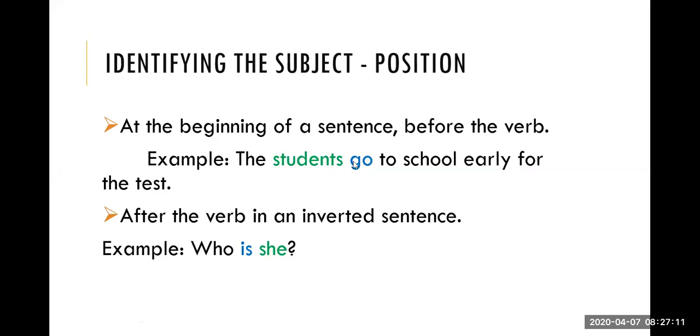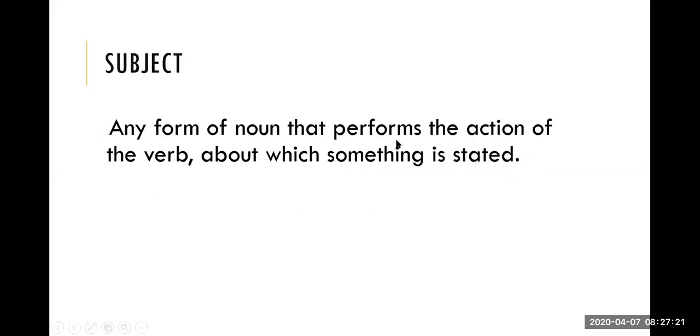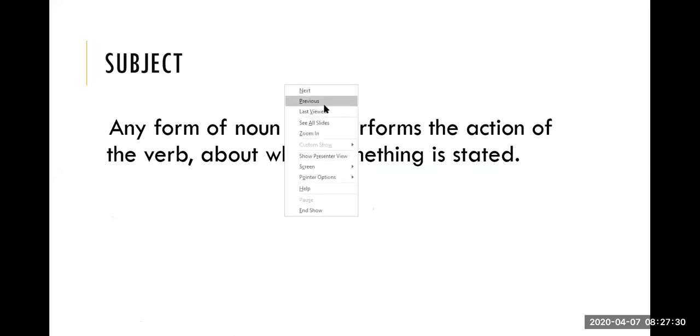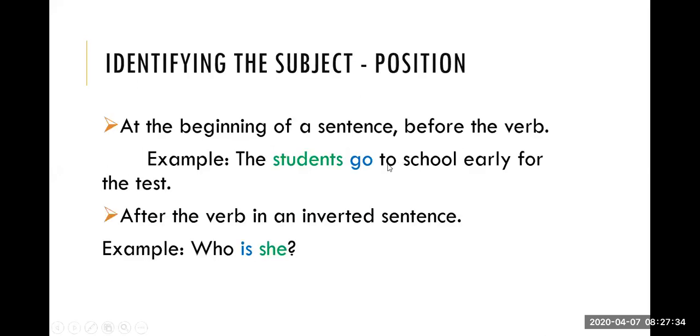At the beginning we already said that when we talk about the subject, it performs an action or something is stated about it. Like here, the students go to school early in the morning.